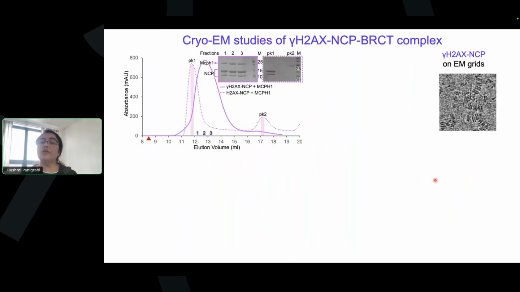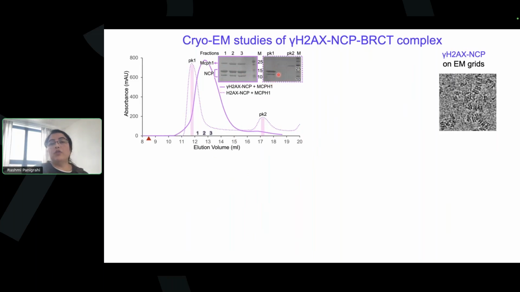So next we went to do the cryo-EM studies of the gamma H2X NCP plus BRCT complex. We prepared this complex in large scale and loaded it on the size exclusion column, and as expected, upon phosphorylation, the gamma H2X NCP and the BRCT come as one peak, and this is only for MCPH1, and the same is true for MDC1.